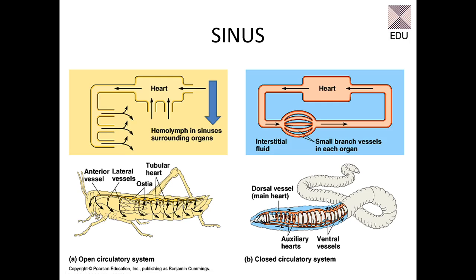If you see in the lower diagram, this is a grasshopper again. This is the heart, which is chambered and tubular, and it has some holes which are the ostia. When the heart pumps the blood, these ostia are closed. The heart pumps the blood towards the anterior side. This blood goes to the brain and to the sinuses, which are present all around the alimentary canal.